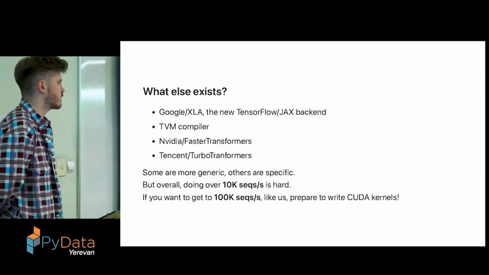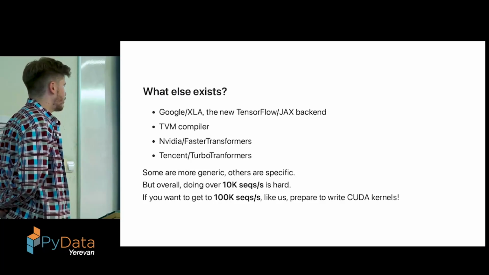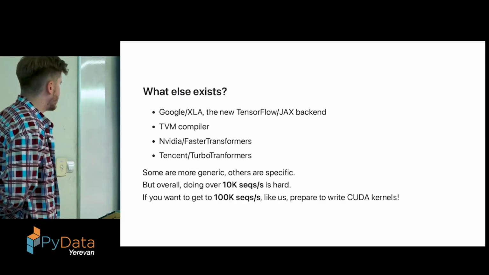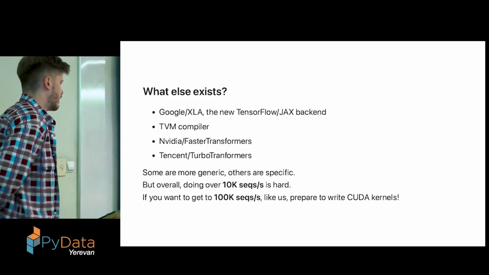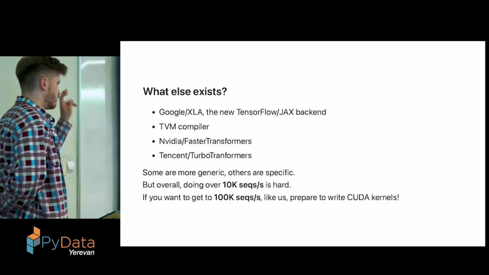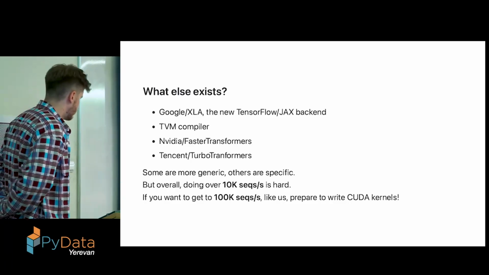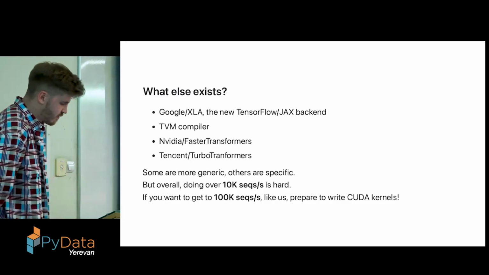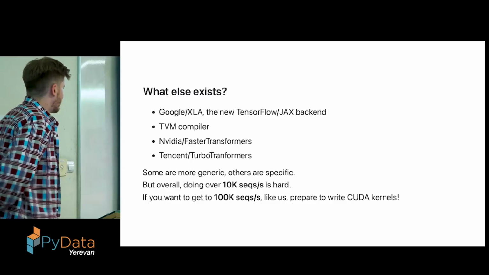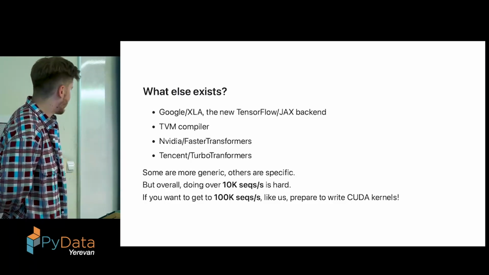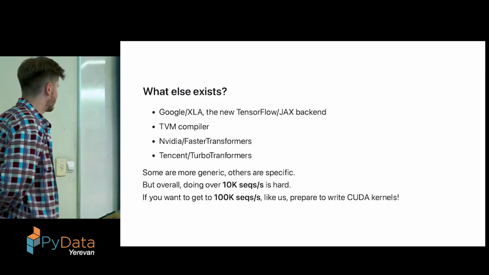You can try different compilers built for machine learning. You can try some libraries from Nvidia NGC that provide custom neural nets and layers for faster inference. But anyway, to get high performance like 100K sequences per second, you need to customize everything and work a lot.